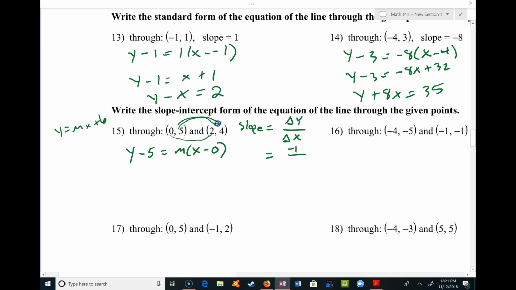So this went from 5 to 4, so that's why it's negative 1. This went from 0 to 2, that's why it's positive 2. So that means the slope is negative 1/2. So I take that m out, put in a negative 1/2 there. And if I want to put it in slope-intercept form, I would just go y minus 5 is equal to negative 1/2 x, which means y is equal to negative 1/2 x plus 5.